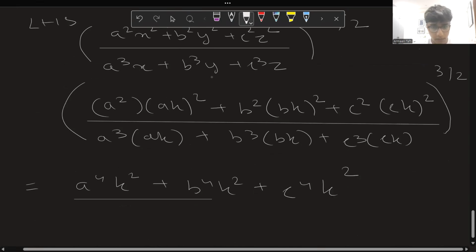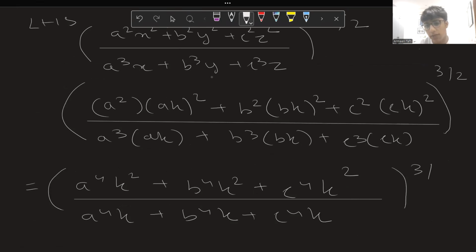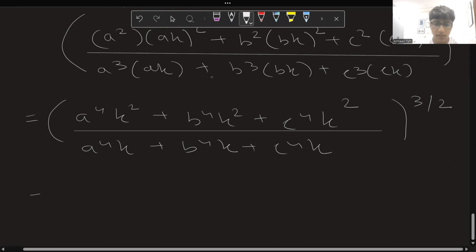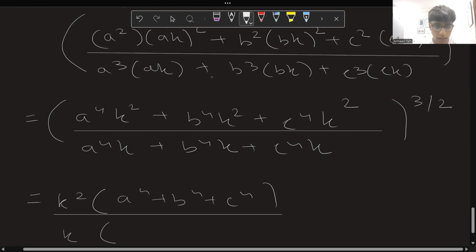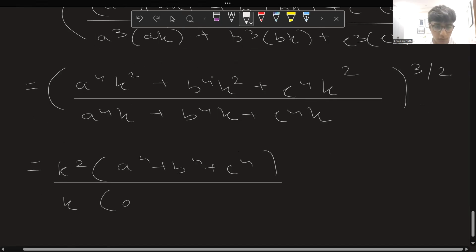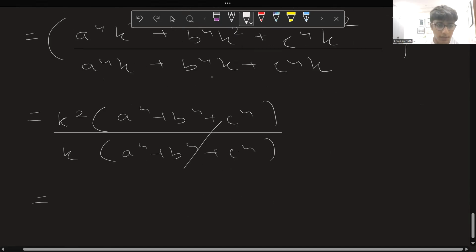This is divided by a4 times k plus b4 times k plus c4 times k, whole thing raised to the power of 3 by 2. Watch how easily everything simplifies. Now if I take k square out common from the numerator, you get a4 plus b4 plus c4, and in the denominator, if you take k out common, you get a4 plus b4 plus c4. Cancel these out and you get this as k to the power of 3 by 2, right?